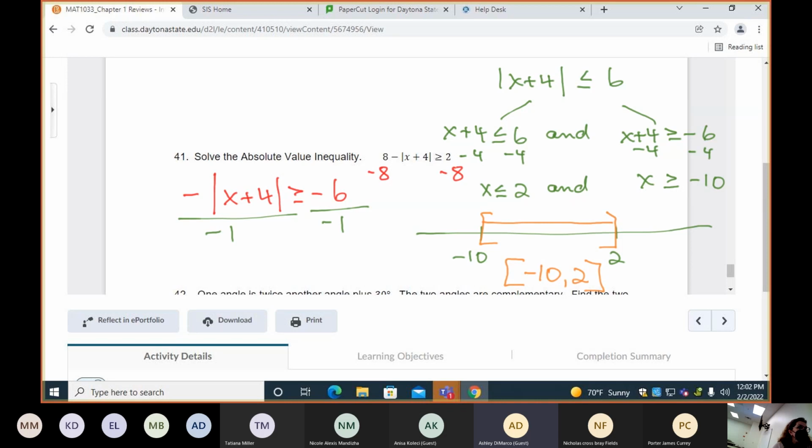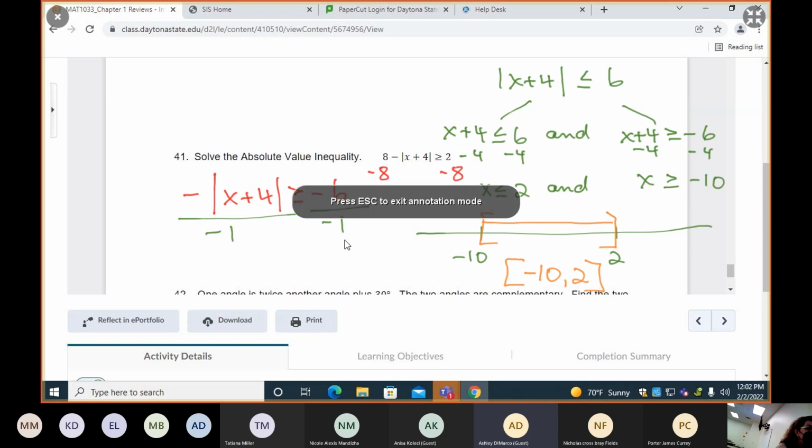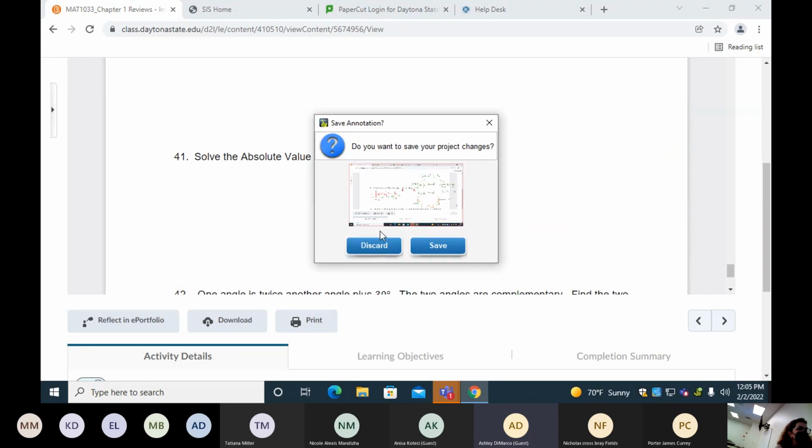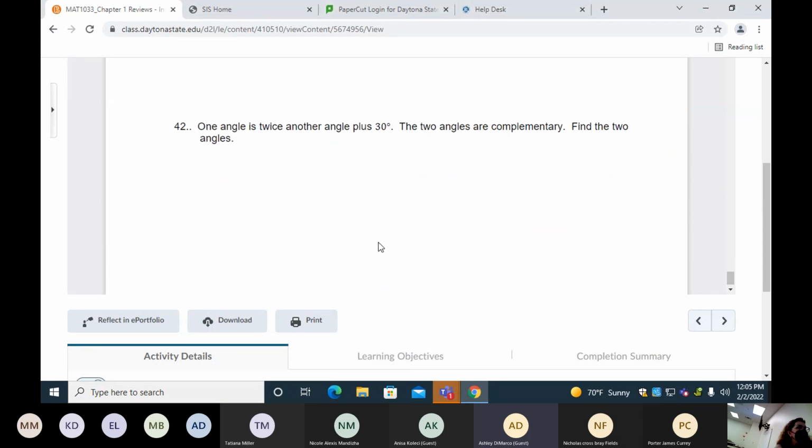And like I said, whatever we have not covered in class, you don't have to worry about it. Here is 42. Let's just set it up. I don't want to solve it. We have two angles that are complementary.